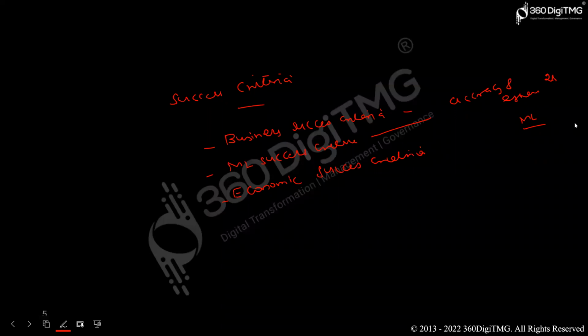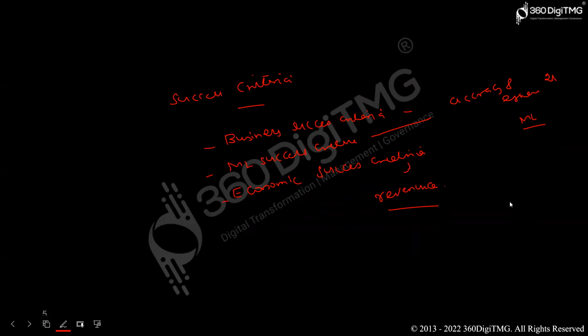And you have economic success criteria. In economic success criteria, it is based on the revenue concept. How much revenue is getting generated because of applying the model? What amount of revenue are you generating? That can be carried out by using economic success criteria.